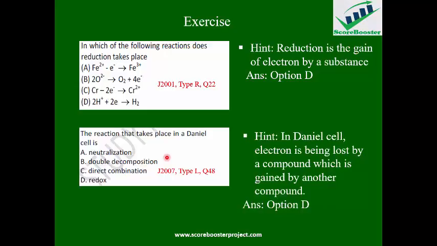Electron is being lost because it is the metal inside that is losing the electron. That electron being lost is being gained by another metal, and that is what makes the cell discharge. Because if the cell is working, that means the metal is losing the electron.